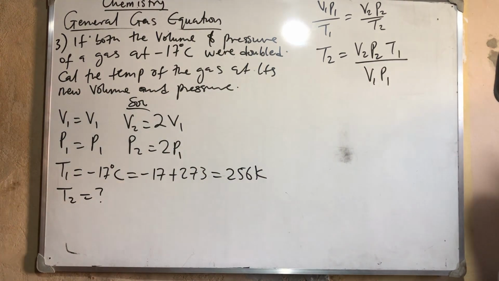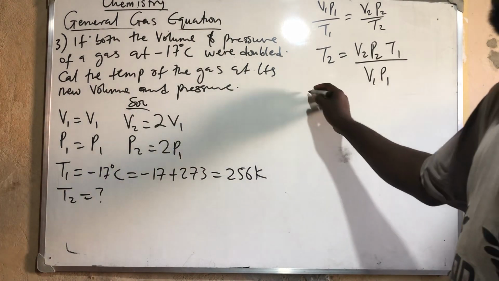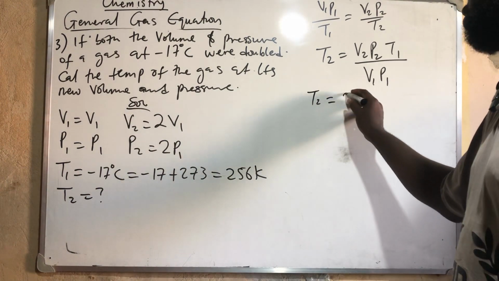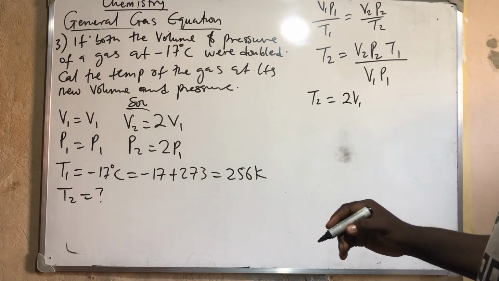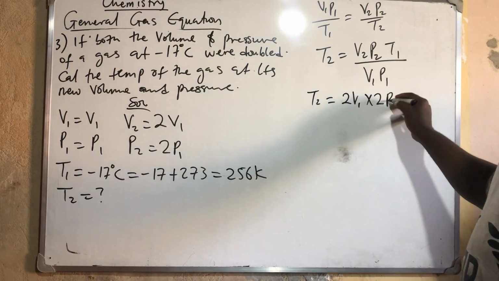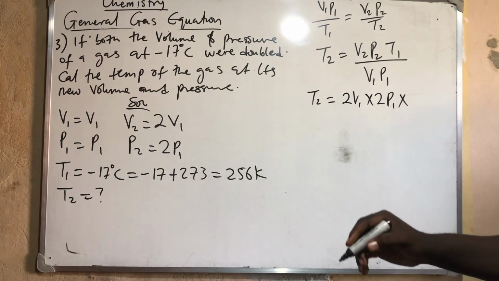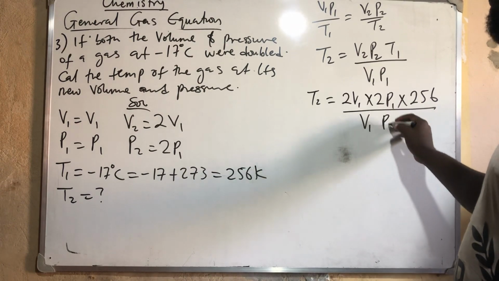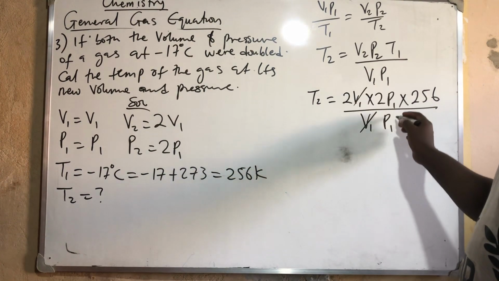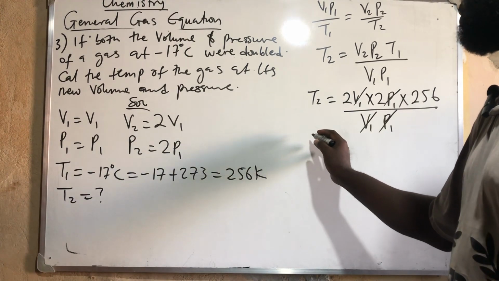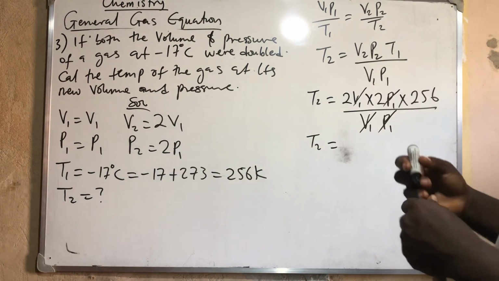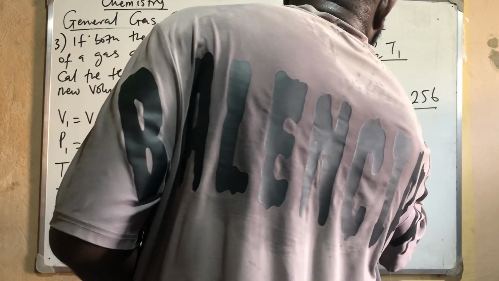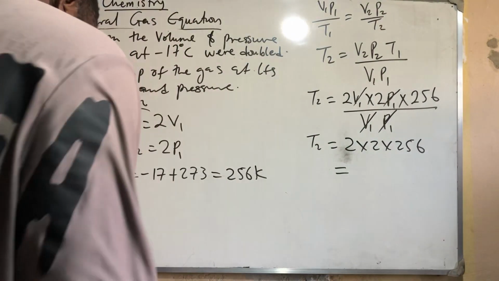So my T2 is equal to, putting everything in, my V2 is 2V1, my P2 is 2P1, times my T1, 256, divided by V1 P1. So V1 cancels V1, P1 cancels P1. So my T2 will now be 2 times 2 times 256. So what do I have?